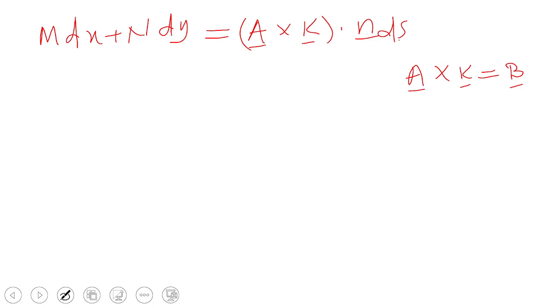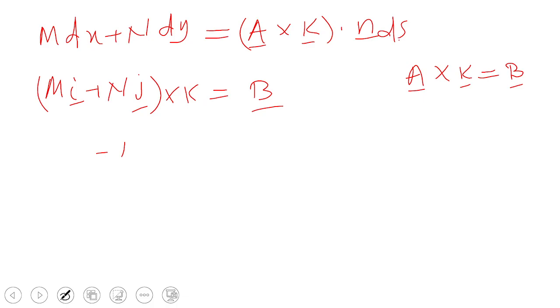We see A is m i plus n j, and that is A cross k. So, this value is B, but we see that i cross k is minus j, so minus m j, and j cross k is i, so that is n i.